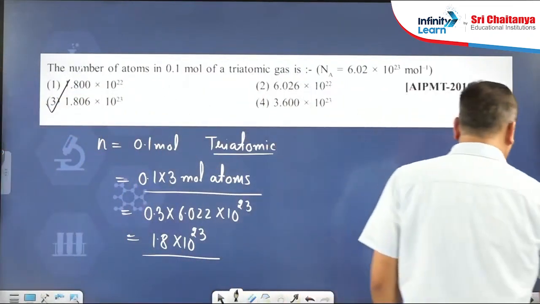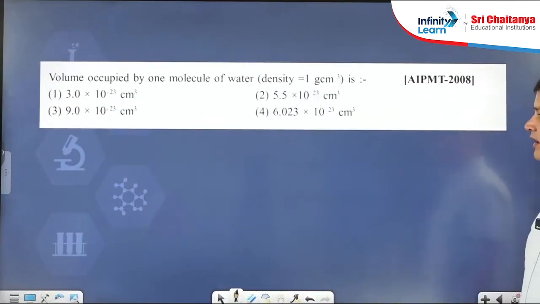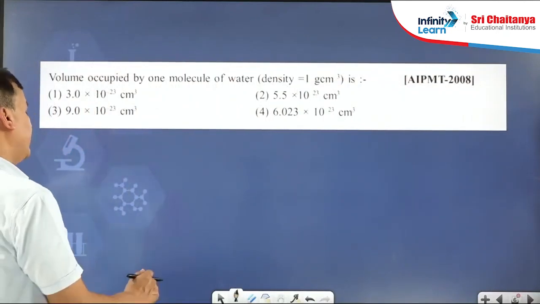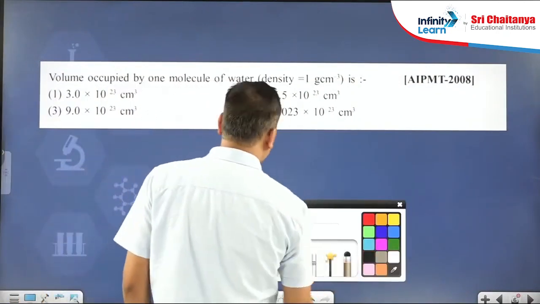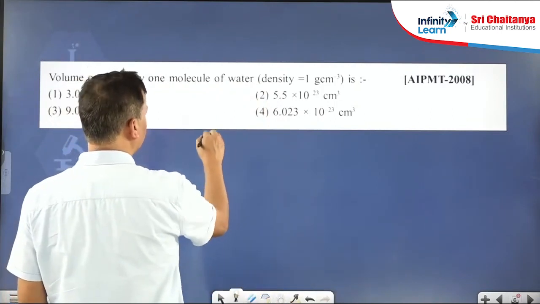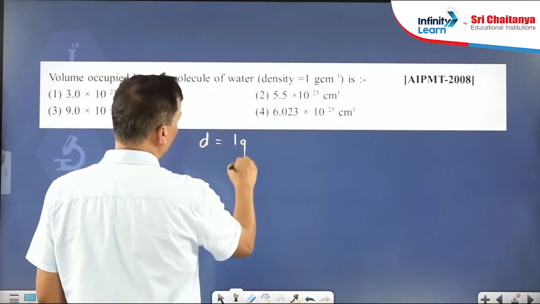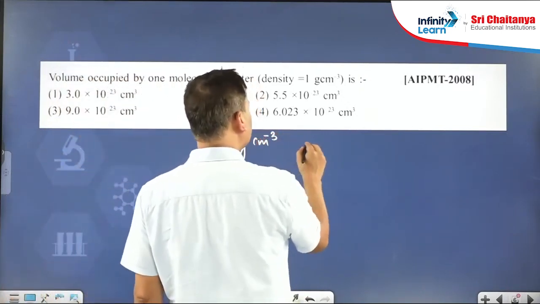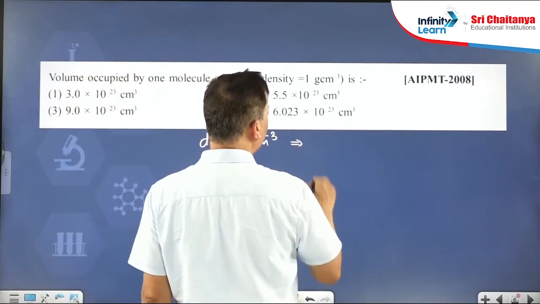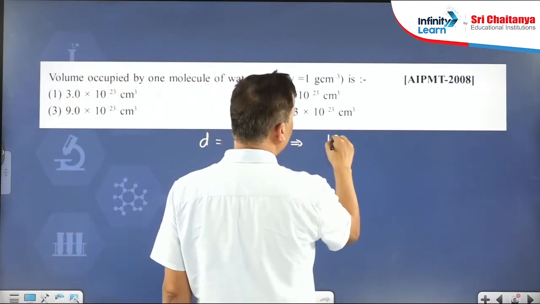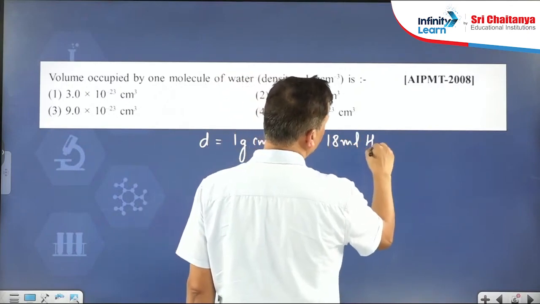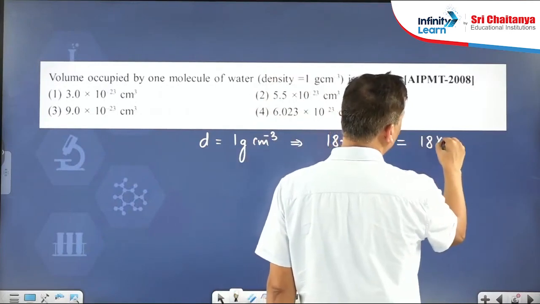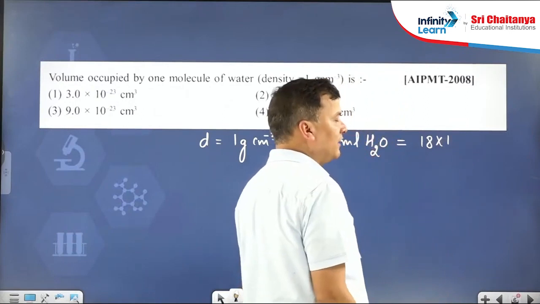Now we are discussing the next question. So here is volume occupied by one molecule of water. I told you this is also very important, that we will take density of water as 1 gram per centimeter cube. This implies if I am taking 18 ml of water, its mass is equal to 18 into density, 1 gram per centimeter cube.